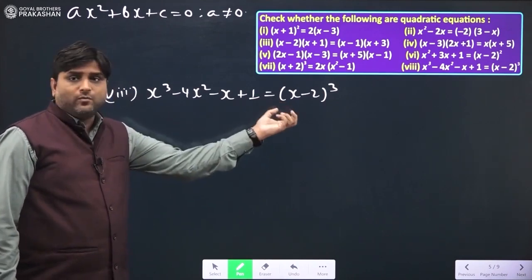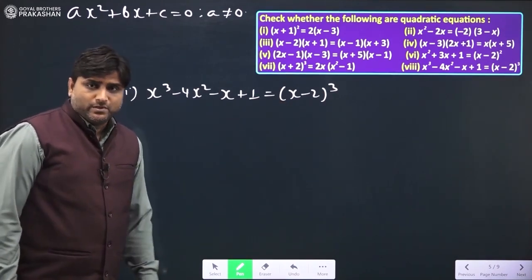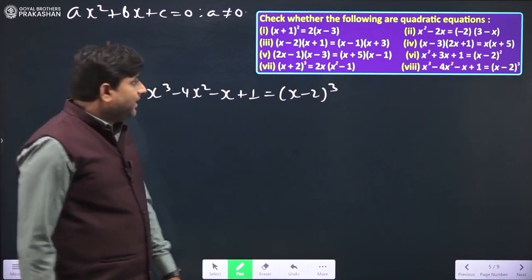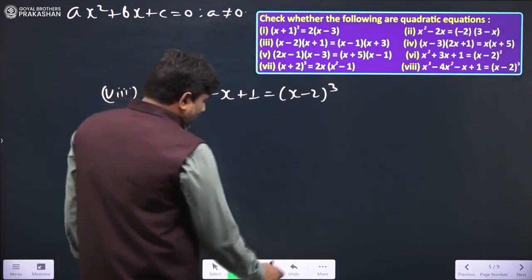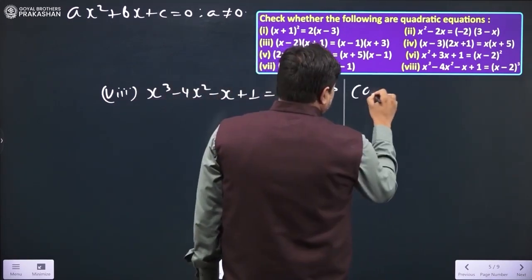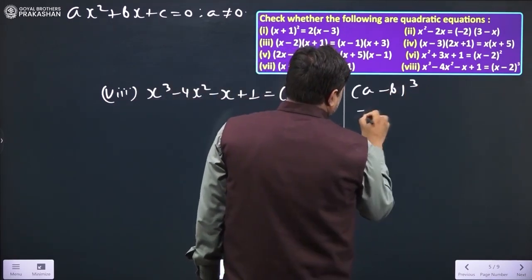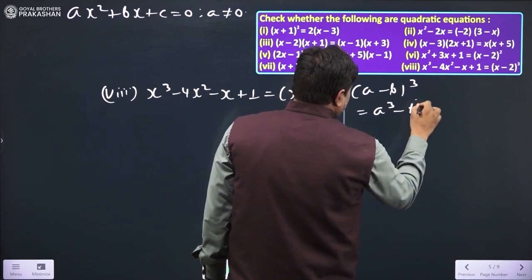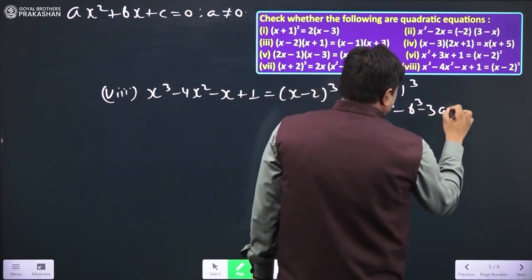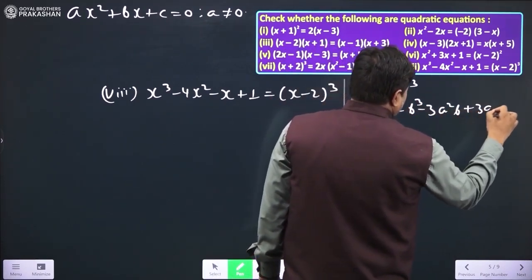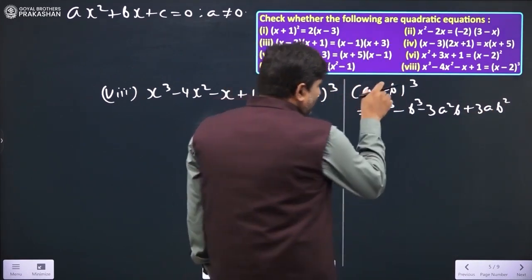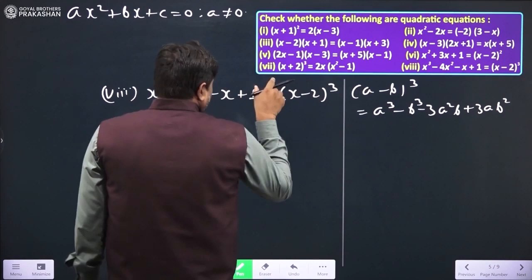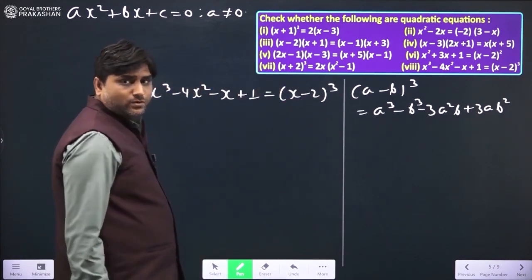RHS, it is in the form of a minus b whole cube. So we have to expand this with the help of formula of a minus b whole cube. So what is a minus b whole cube? A minus b whole cube is a cube minus b cube minus 3a square b plus 3a b square. So we have to use this formula to expand x minus 2 whole cube.